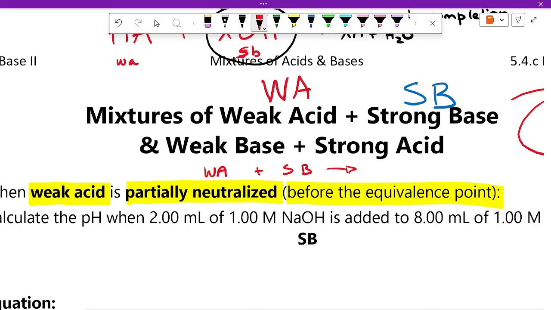And they reacted with 2 of the weak acid particles. Who's in excess right now? The weak acid. I would need to add 2 more strong base particles to completely react it. And then after that, I would need to add more strong base to go past the equivalence point. Okay? So before the equivalence point, we are going to have weak acid in excess.